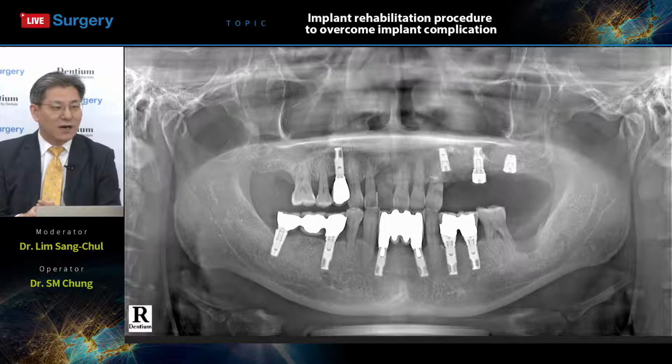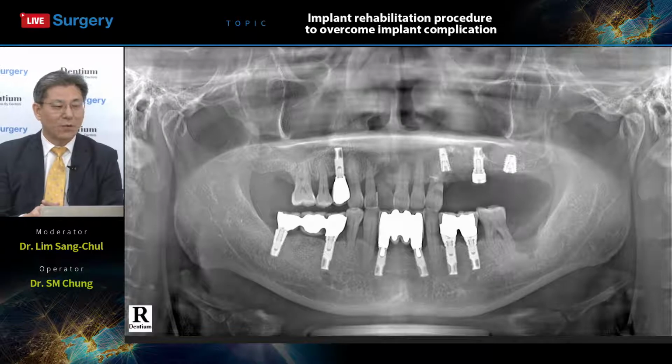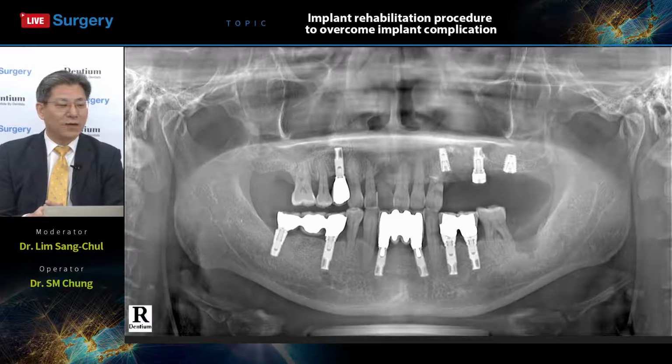And the number 25 GBR procedure was successfully done, as you can see, with Osteon 3 particulated graft material with collagen membrane. Even though it is a big defect, it is a 3-wall defect, so in future bone quality and volume will be enough to enable implant installation.